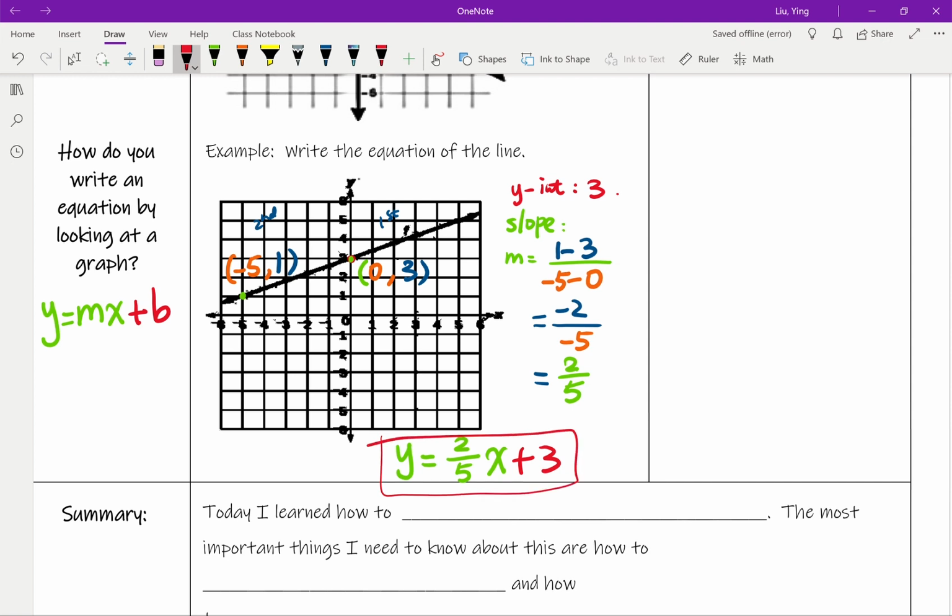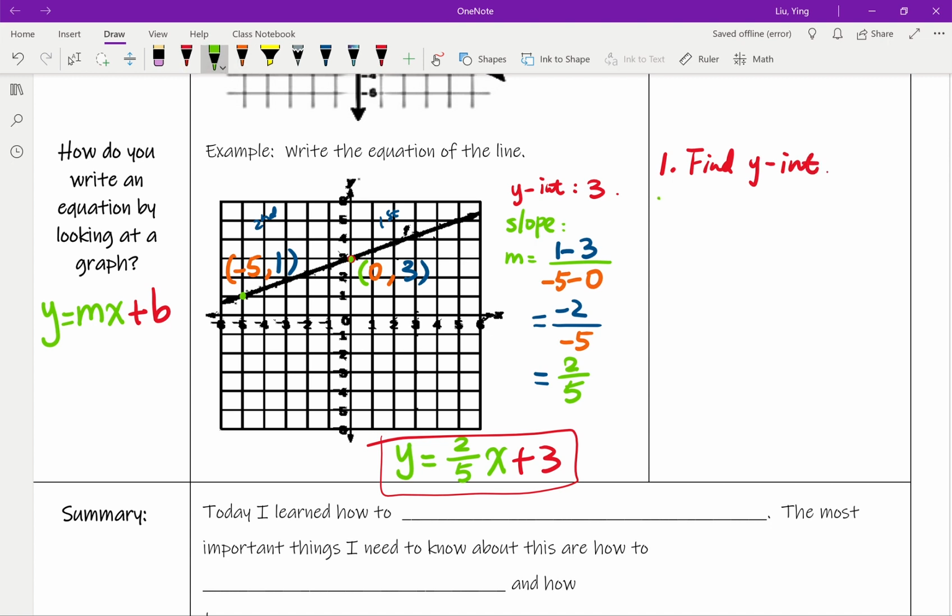So to sum up the steps, number 1 is to find, actually you can do either the y-intercept or the slope. I usually do the y-intercept first because it's so easy to see. So I would find the y-intercept.